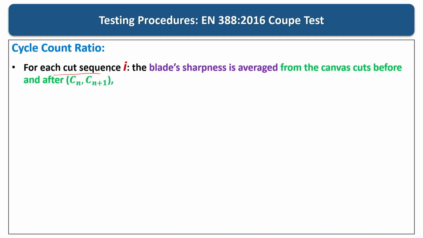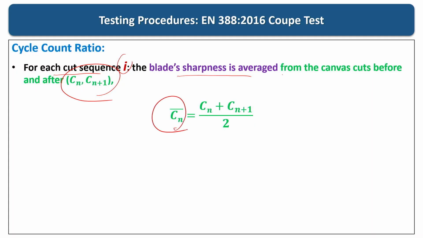For each sequence i, the blade's sharpness is averaged out. We first average the cutting cycles of the canvas before and after the specimen, that is Cn and Cn plus 1, to get the average cutting cycle for the canvas. Cn is before the specimen and Cn plus 1 is after the specimen, so we calculate the blade sharpness.